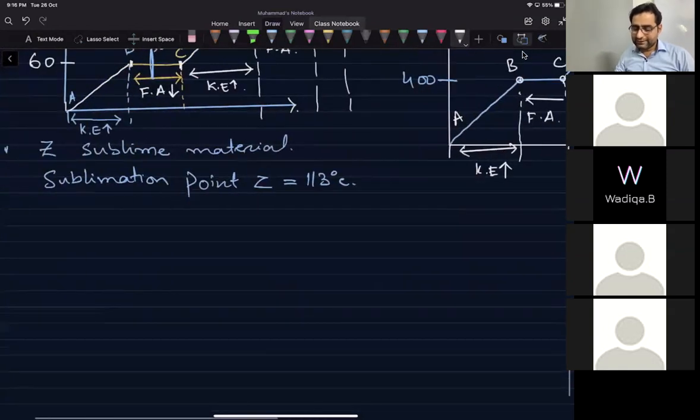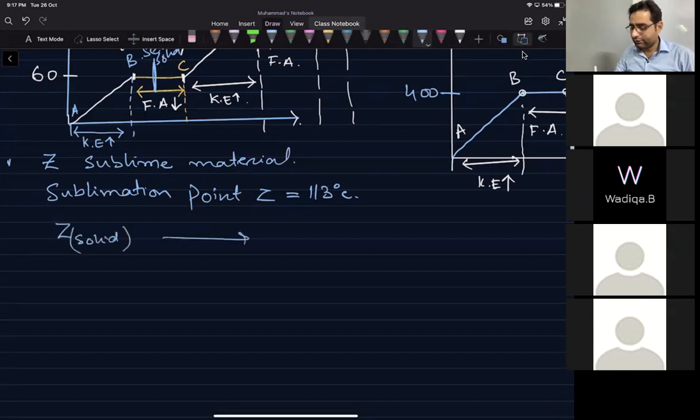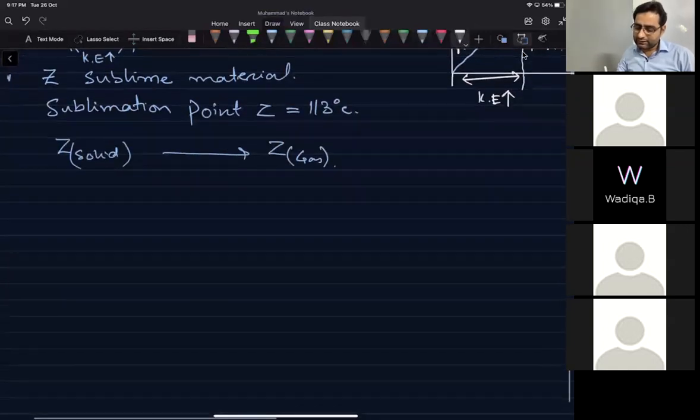And this is for a sublime material. There's one time that temperature is constant. This Z, which is in a solid state, when you heat it up, will turn directly into a gas. So there is only one state change, and when there is one state change, your temperature will be constant once.